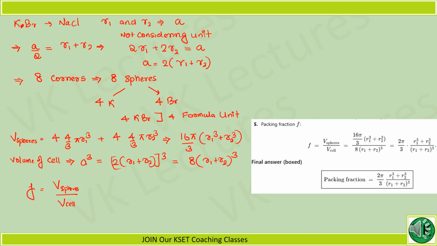That will be equal to 16 pi by 3 times R1 cube plus R2 cube, divided by 8 times R1 plus R2 cubed, which is equal to 2 pi by 3 times R1 cube plus R2 cube divided by R1 plus R2 cubed.